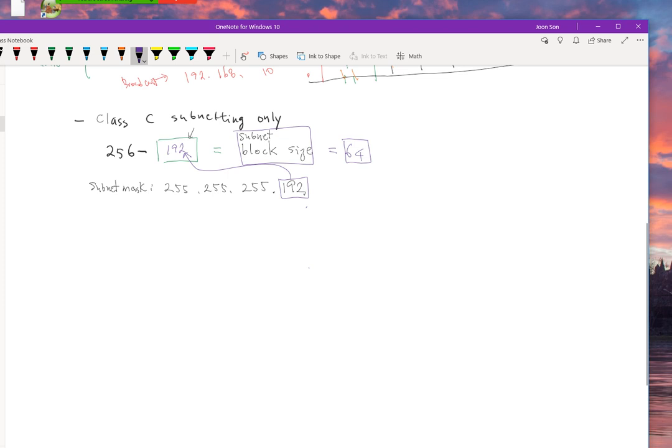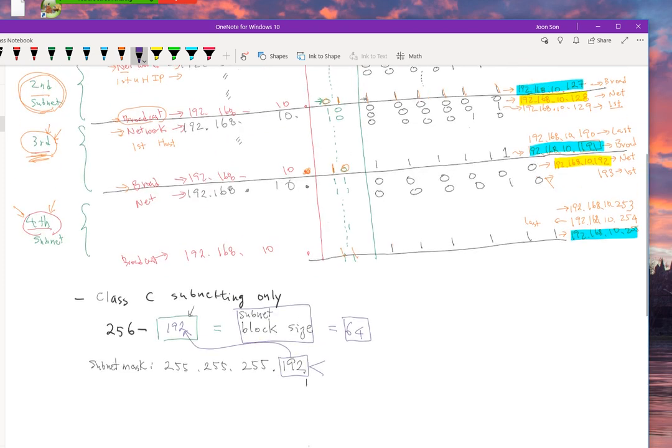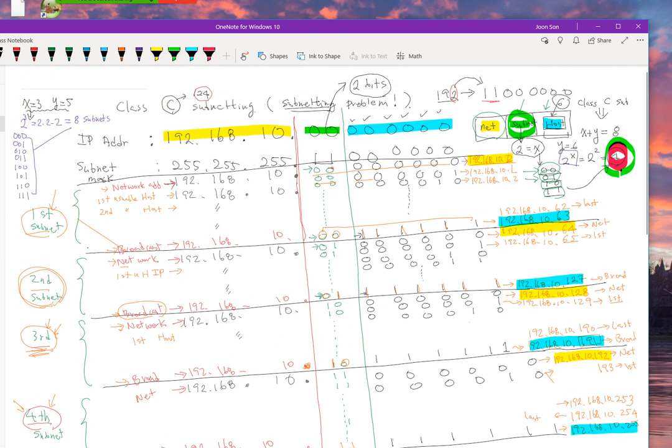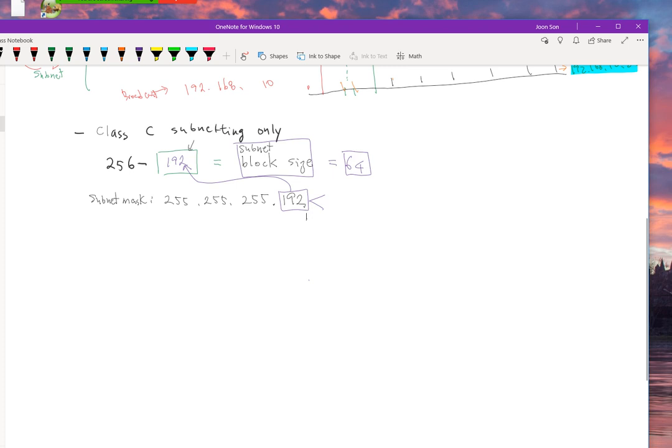From 192, we know that x is equal to 2 and y is equal to 6 in this case. I always said that when it's class C subnetting, x plus y is always 8.